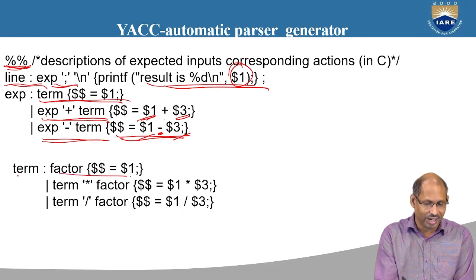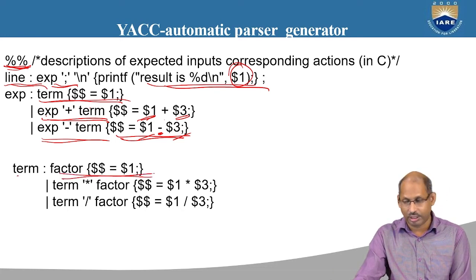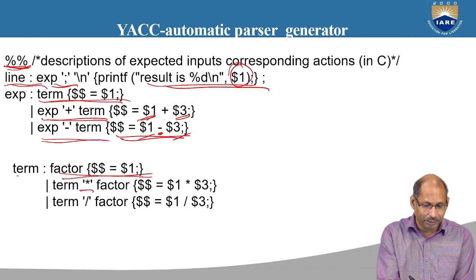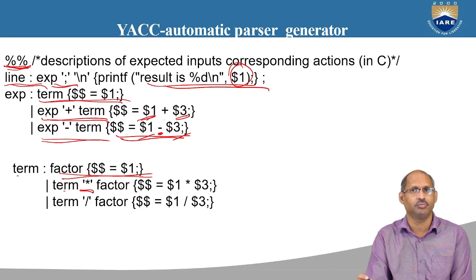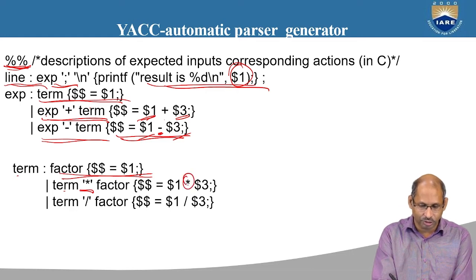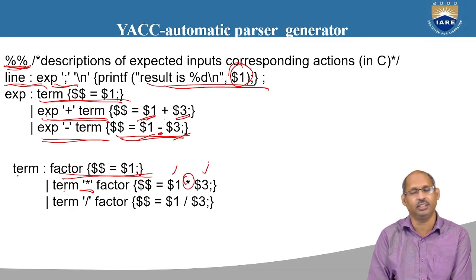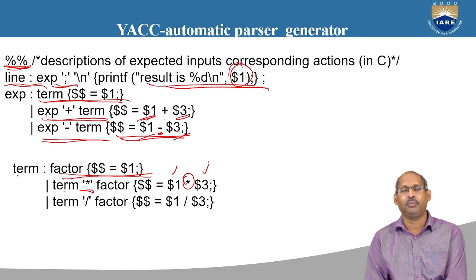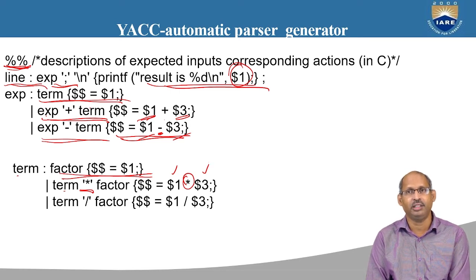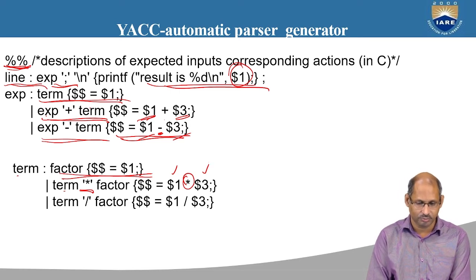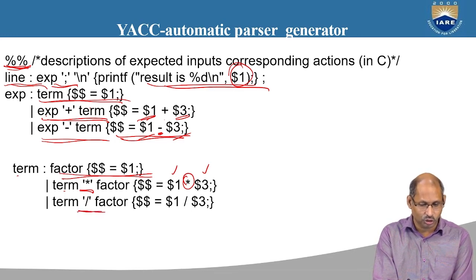It's simply a factor, or a multiplication of term and factor. So a multiplication of first element and the third element. The second one is the division operator.